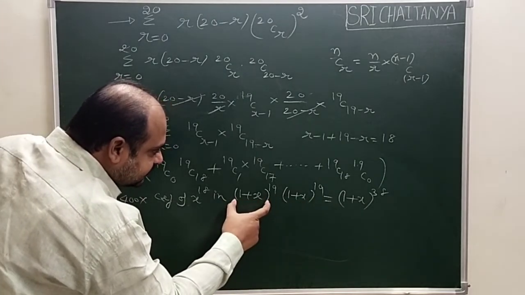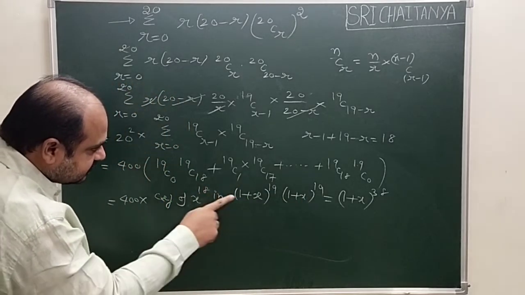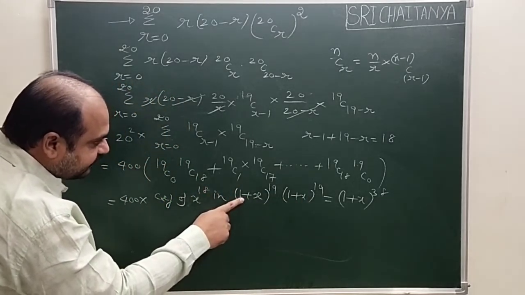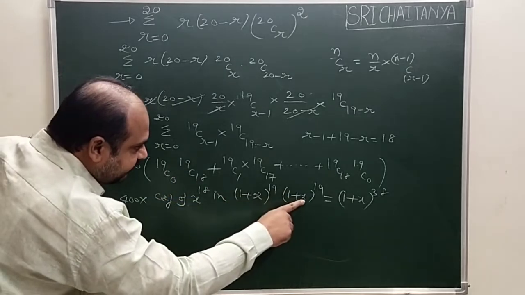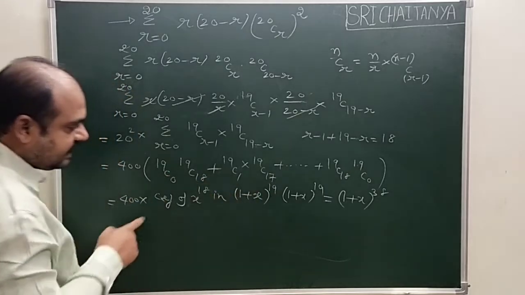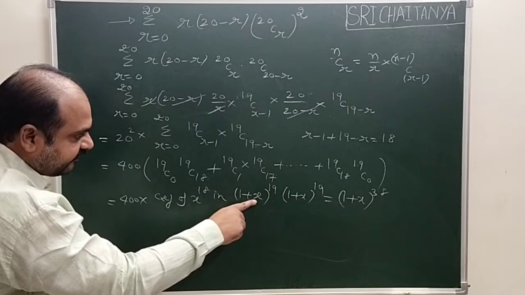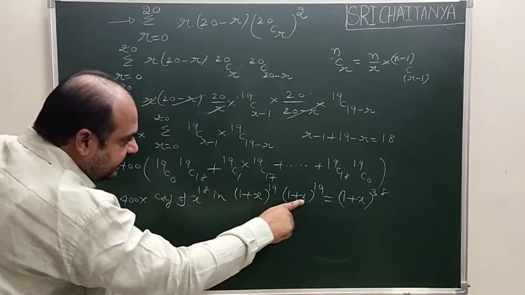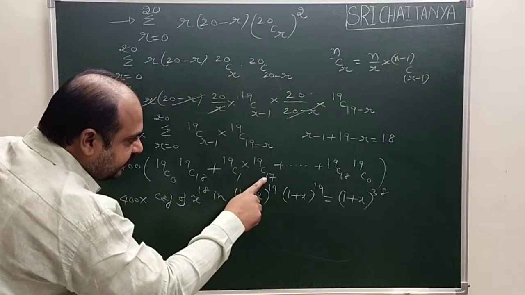Now this is nothing but coefficient of x power 18 in this expansion into this expansion. In this expansion into this expansion, 19C0 is coefficient of x power 0, 19C18 is coefficient of x power 18. If you multiply this with that, you will get the first term. Next, 19C1 means coefficient of x power 1 into here coefficient of x power 17, which is 19C17.